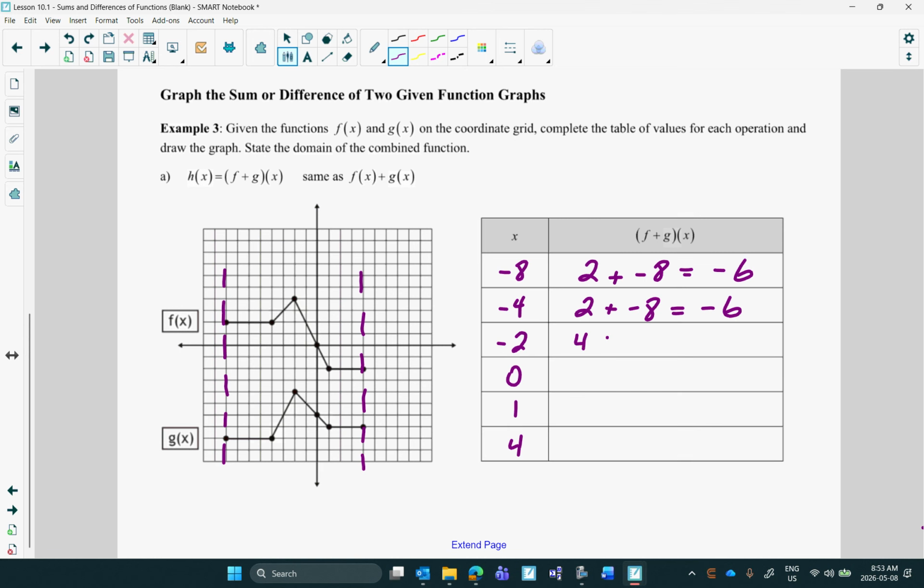-2 is 4 for f of x. -4 for g of x. Add those two together, I get 0. 0 is 0 for y, or for f of x, and -6. So that gives me -6.